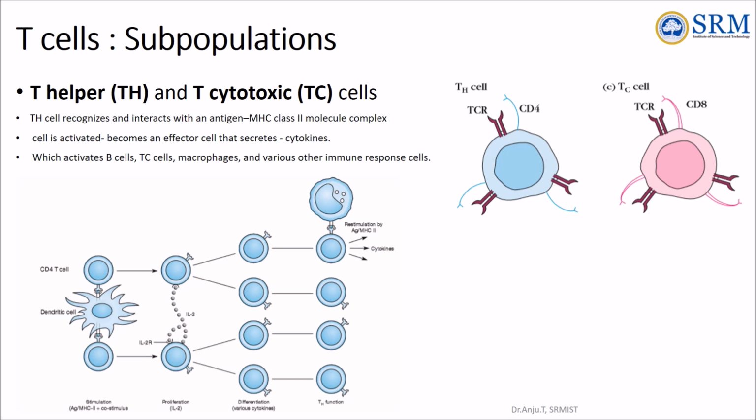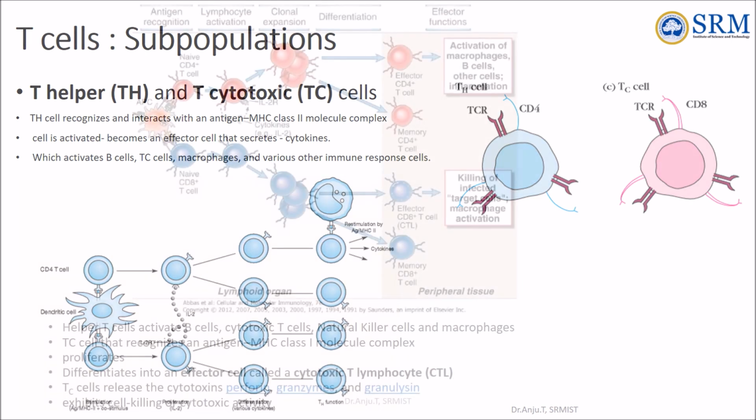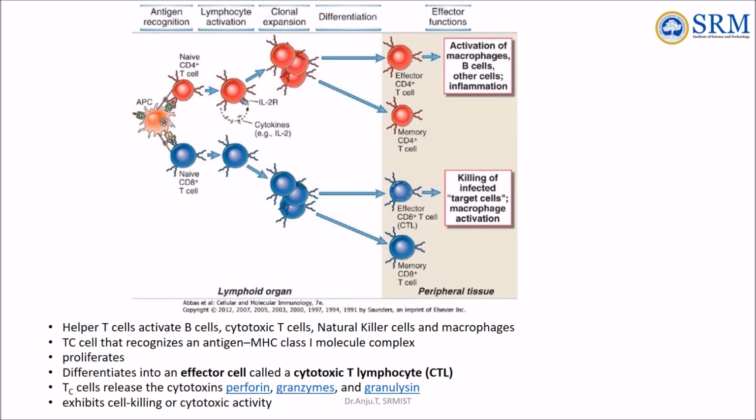Once it recognizes, the cell gets activated and differentiated and becomes effector cells which secrete cytokines. These cytokines in turn will go and activate other cells such as B cells, TC cells, macrophages and various other immune cells. So here the effector TH cells also activate the TC cells, that is cytotoxic T cells.